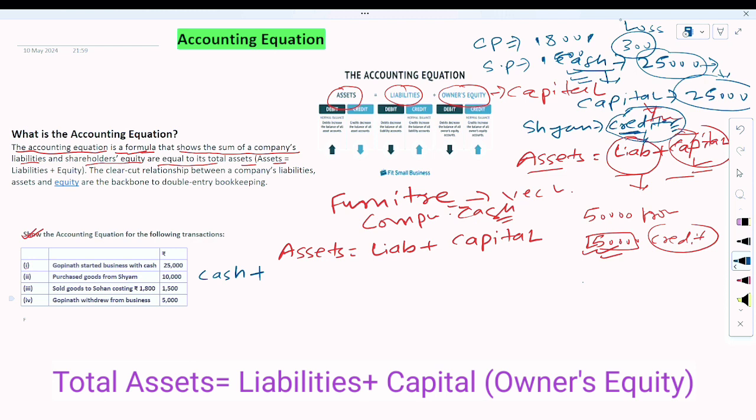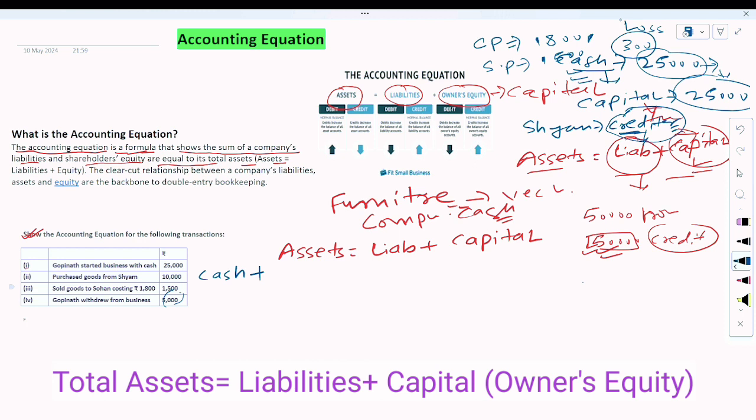So here Gopinath sold goods to whom? Sohan at a loss of how much? 300. And last, Gopinath withdrew from business 5,000. Withdrew from business 5,000 means maybe he is withdrawing for his personal use, not any other purpose. Withdraw means drawing. Personal use means drawing.